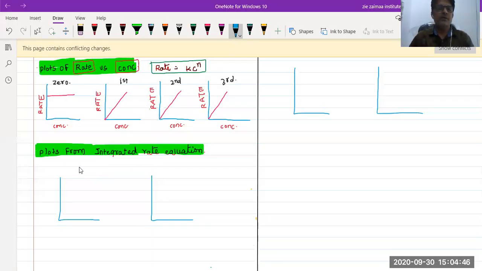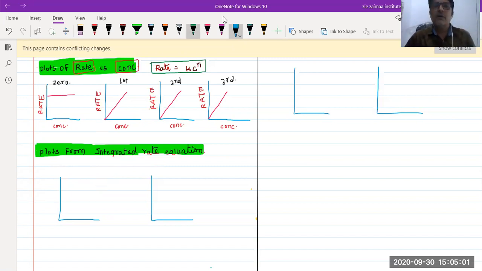Okay, next. Here I'm going to draw plots from the integrated rate equation for the same zero order, first order, second order, as well as the third order, where in the previous topics we already learned the integrated rate equations.